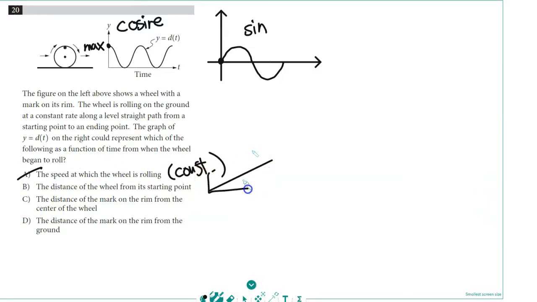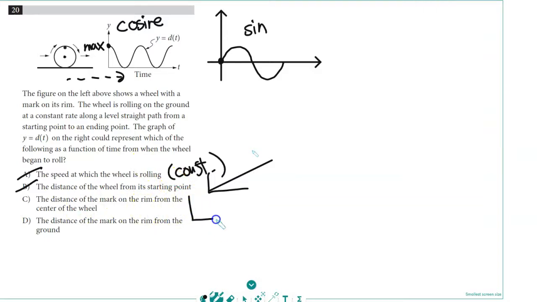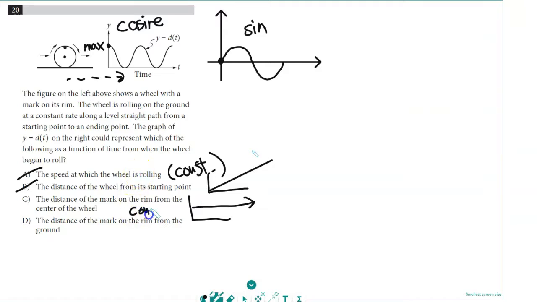You can imagine, because the center of the wheel is just going to move along like this, right? So that's incorrect. The distance of the mark on the rim from the center of the wheel. Well, that is actually going to be a linear function just like this, because the radius from the center stays constant, right? So this is another constant.